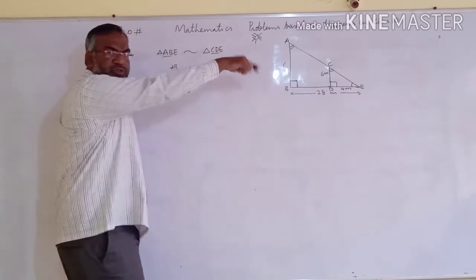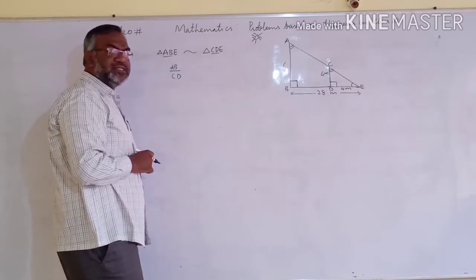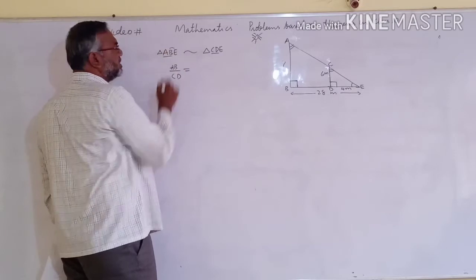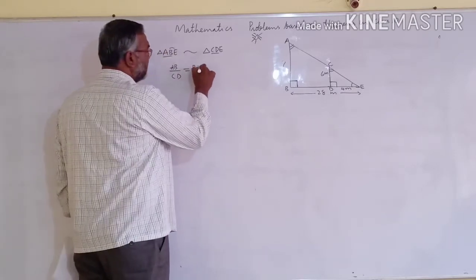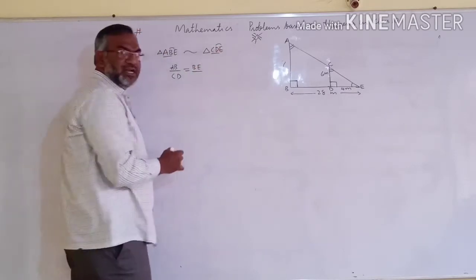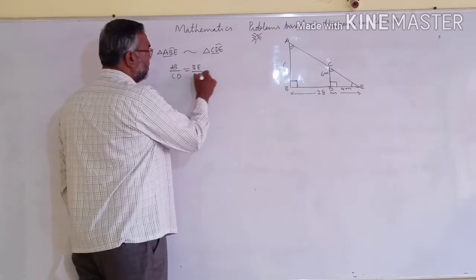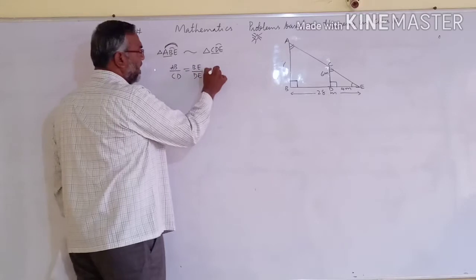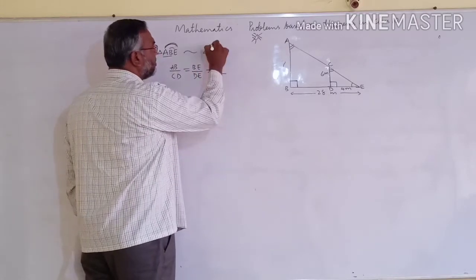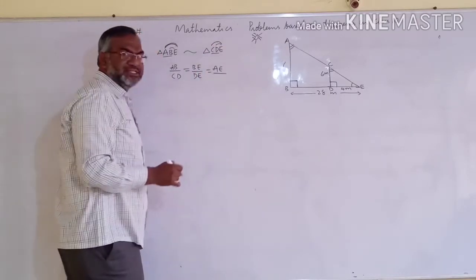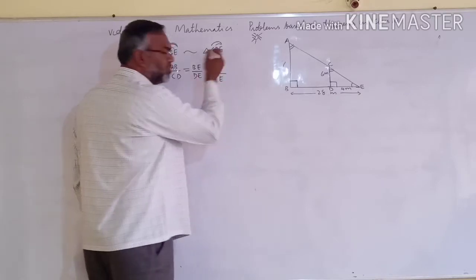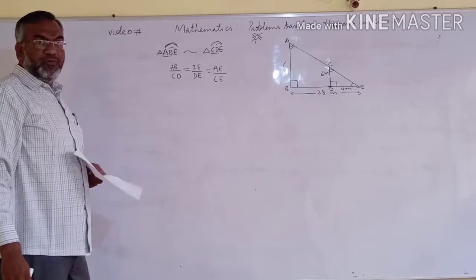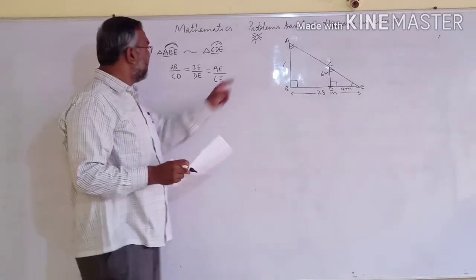AB/CD will be equal to BE/DE, taking the second and third letters, and that will be equal to AE/CE, taking the first and last letters. They are corresponding.